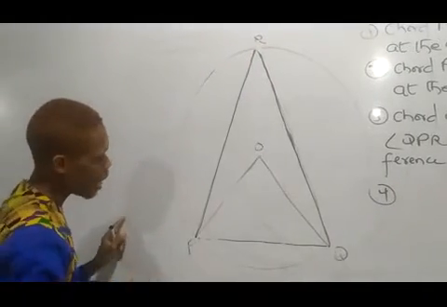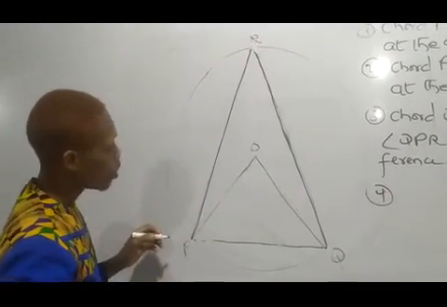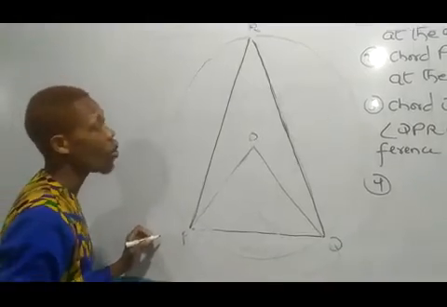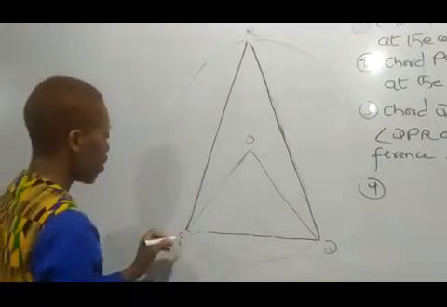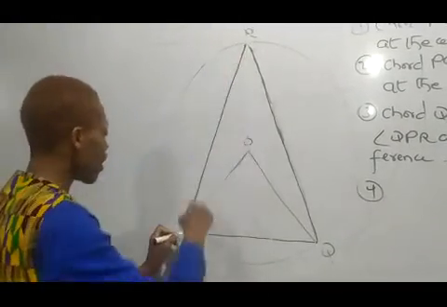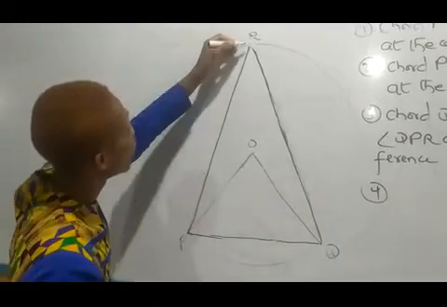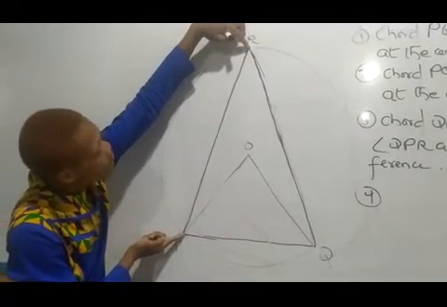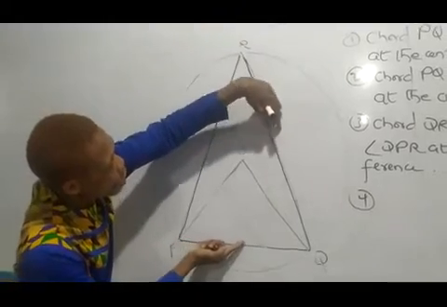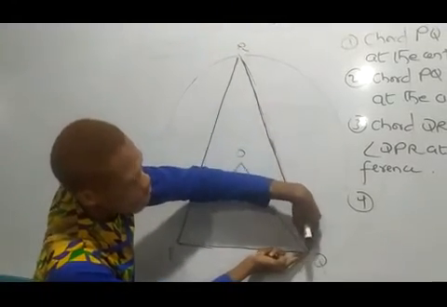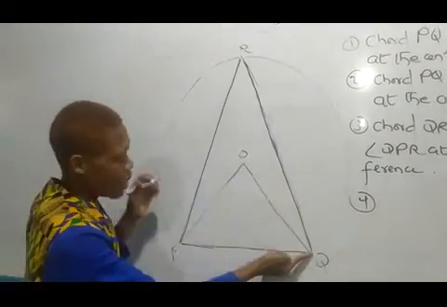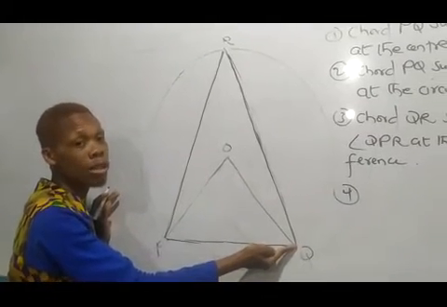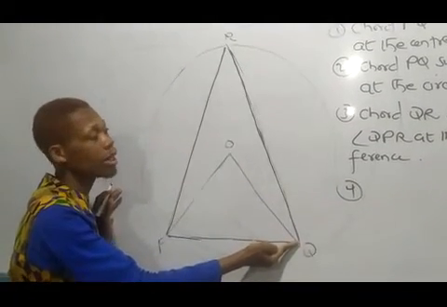Let's look at the angle that chord PR is subtending. If it's subtending, the lines which create an angle have to have a connection with PR. The lines which have a connection with PR are this line and this line. So I will trace PR. So PR is subtending angle Q. Q also at the circumference. Q is also at the circumference.